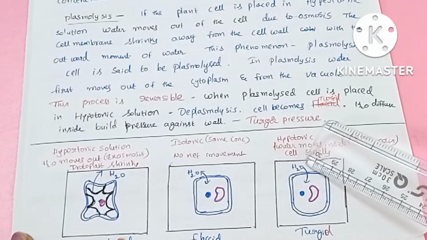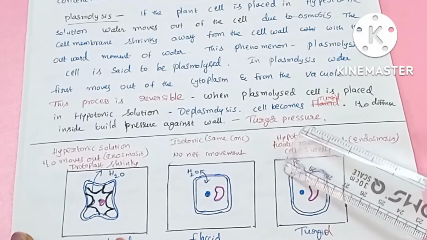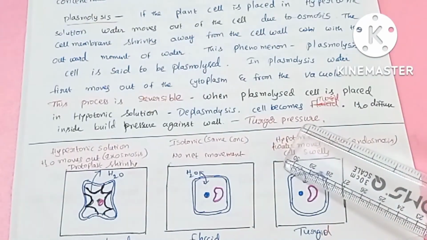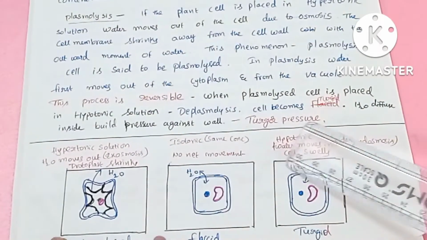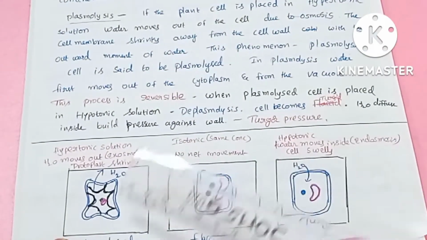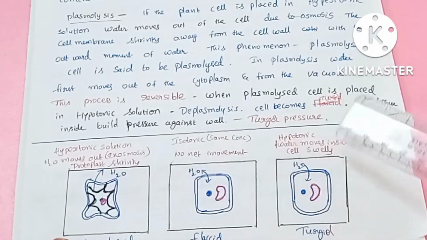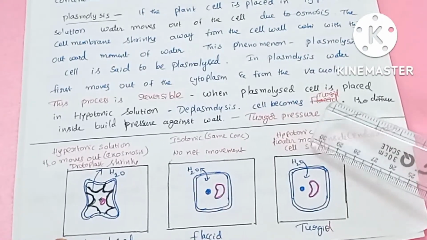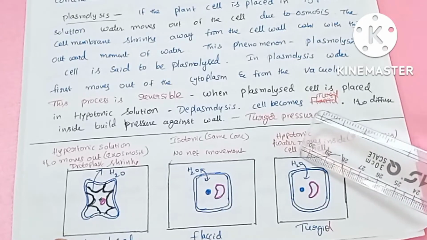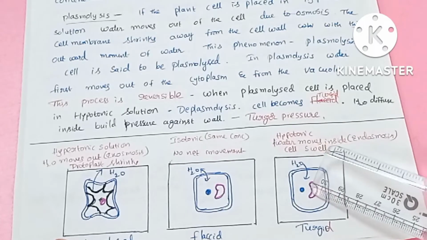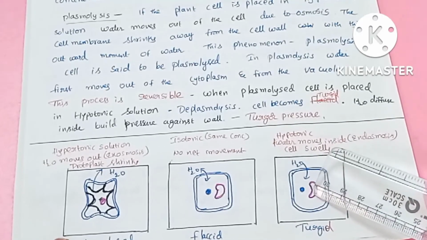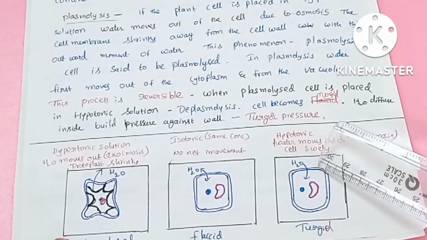In the hypotonic solution, what will happen? It is less concentrated, right? Then the water will move from outside to inside. In hypertonic solution, the water moves from inside to outside, whereas in hypotonic solution, water moves from the higher concentration of the external environment to inside the cell. Because of this, the cell becomes turgid.